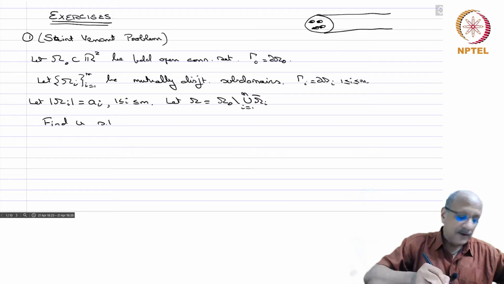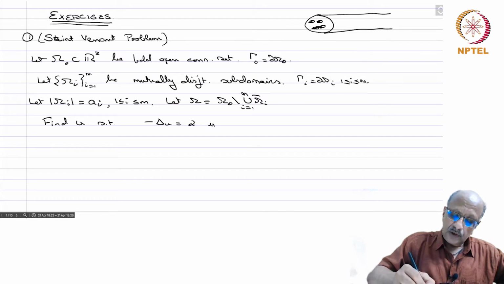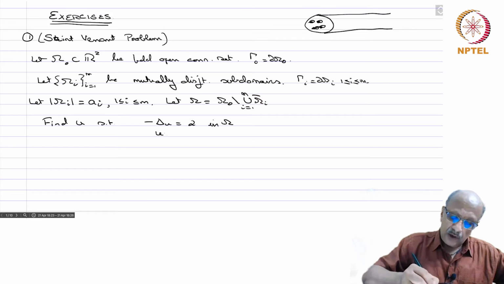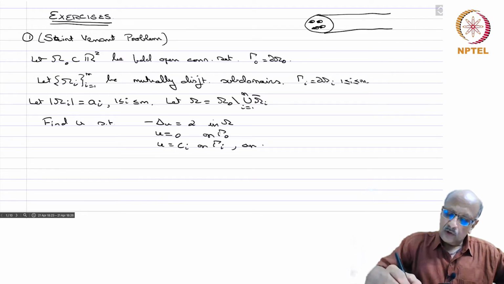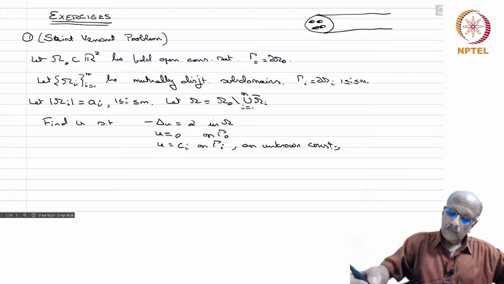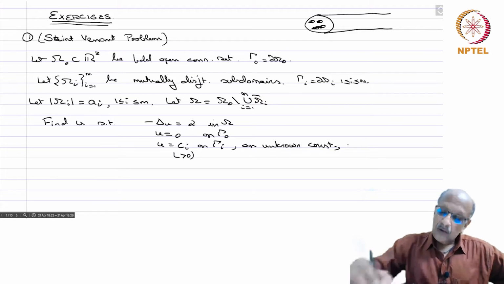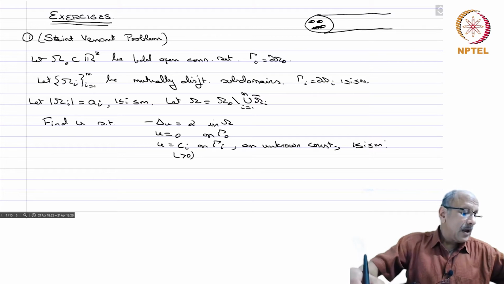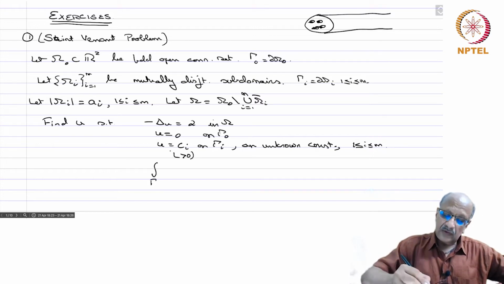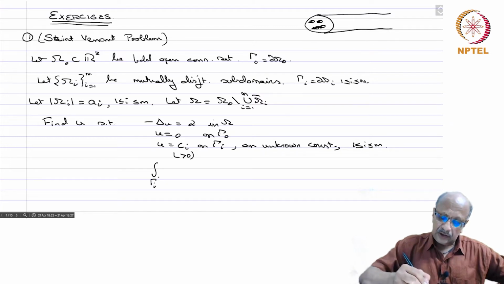u such that minus Laplacian u equals 2 in omega, u equal to 0 on gamma naught, u equal to C_i on gamma I, an unknown constant, C_i which is strictly bigger than 0, okay, unknown constant, 1 less than or equal to I less than or equal to m, and since these constants are unknown, you need another condition to fix them.